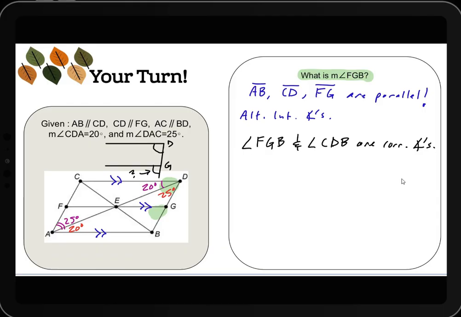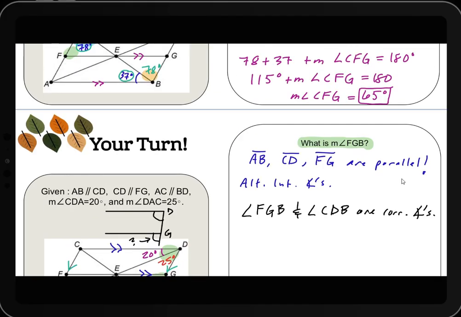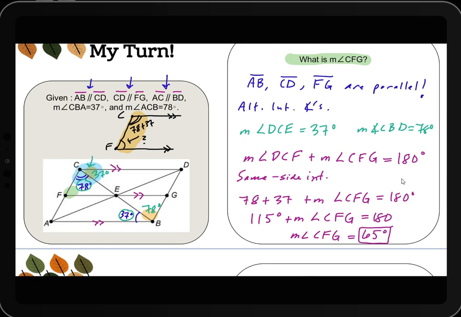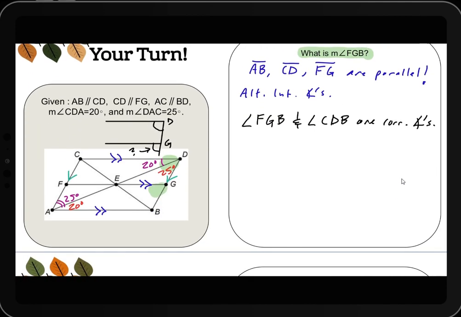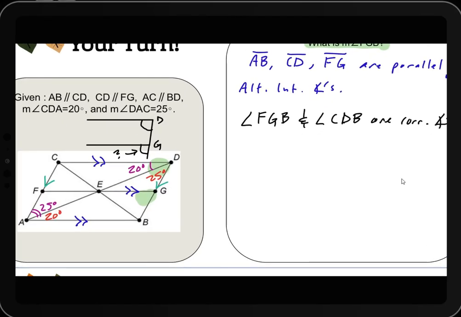I forgot to mention that AC is also parallel. I'm going to use a single mark here to show that those segments are parallel to each other. That allows me to reference why those angles are equal. That's actually true up here as well, by the way. I'm going to point that out because it does say that, AC and BD. So that's why I'm allowed to use both of those.